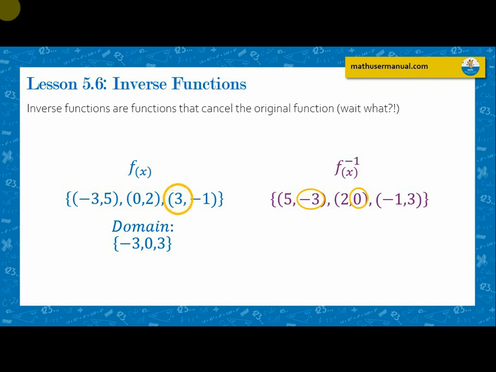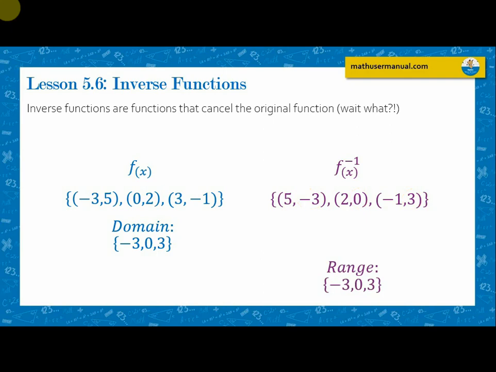And the third x coordinate, which is 3 in f of x, is the third y coordinate in f inverse of x. So the domain of f of x, -3, 0, and 3, is the same as the range of f inverse of x. So the domain and range interchange each other.